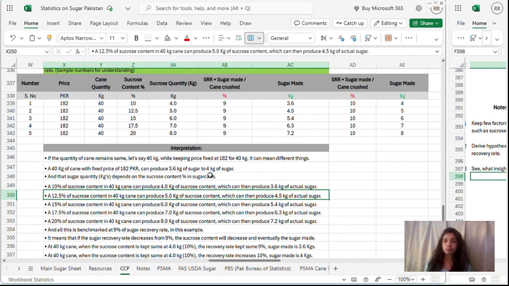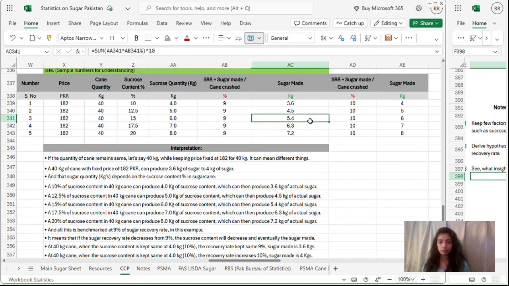So you can write the same thing in different ways, in terms of percentages or in terms of kgs. When you have it in terms of percentage and you want to understand it better, you can write it in kgs as well, which can then produce 4.5 kg of actual sugar. So at 5 kg of sucrose content, it can produce 4.5 kg of sugar.